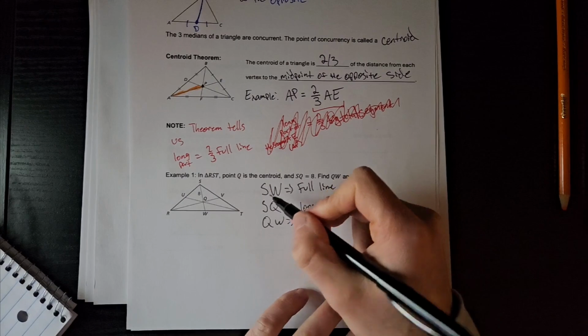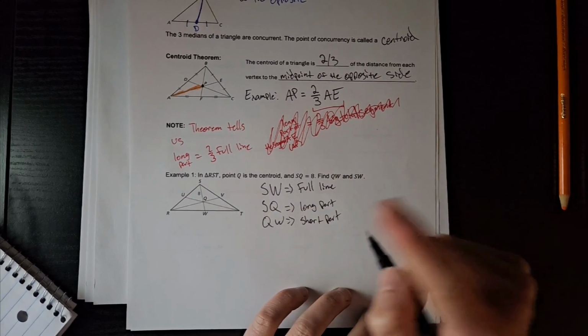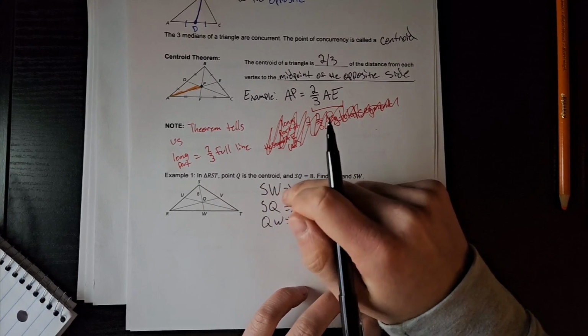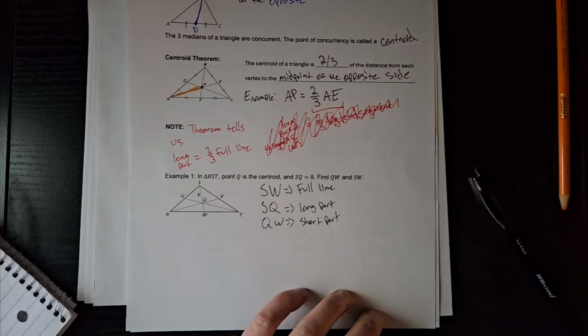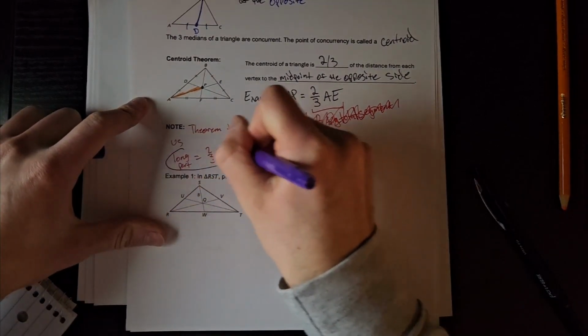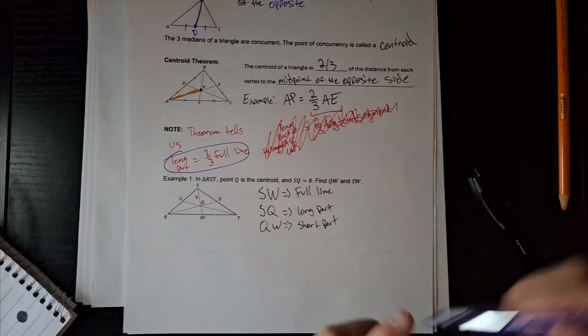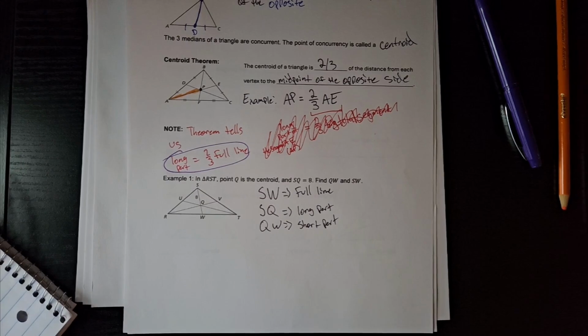First, let's start off with SW, because that's easier, because we can use this up here. I'm going to circle this, because this is the main takeaway of the theorem. That's our put together equation for this problem.